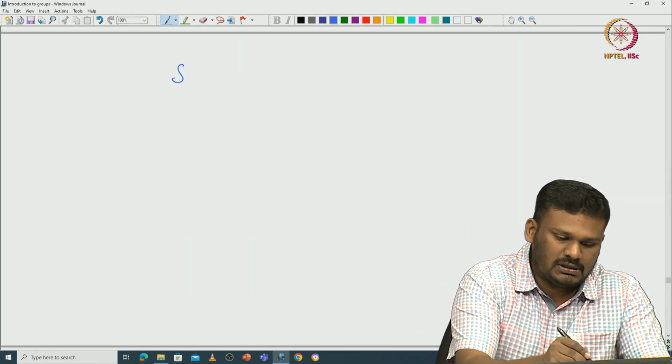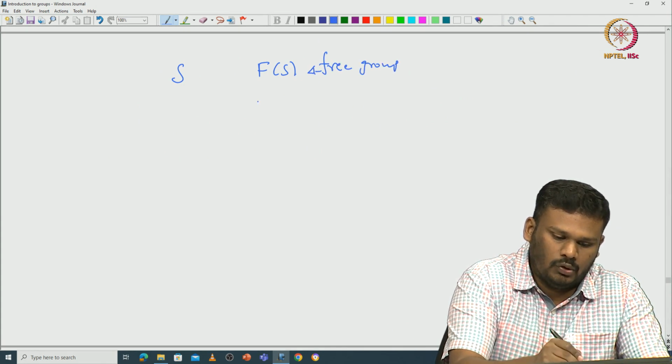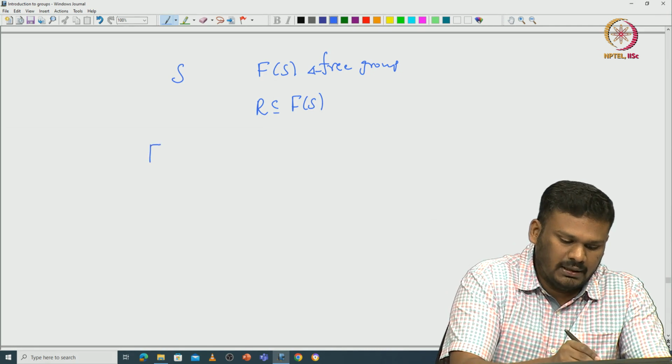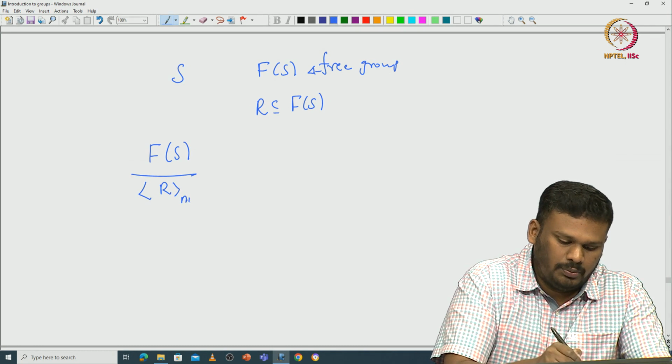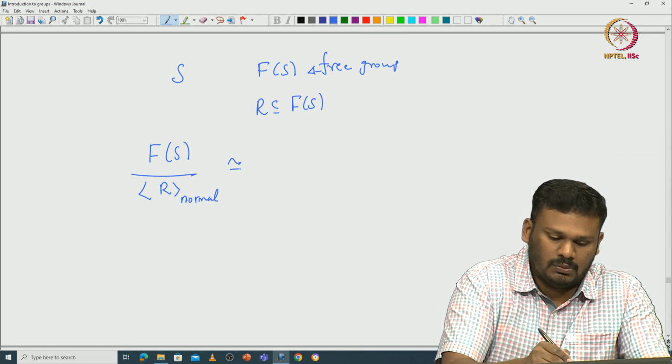Given S, you have F(S), which is the free group, and you have this capital R, which is a subset of F(S). Then F(S) modulo the normal subgroup generated by capital R should be isomorphic to G.